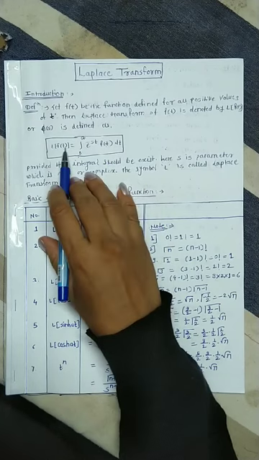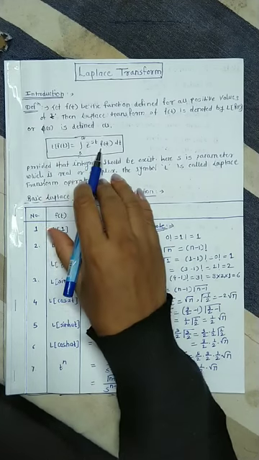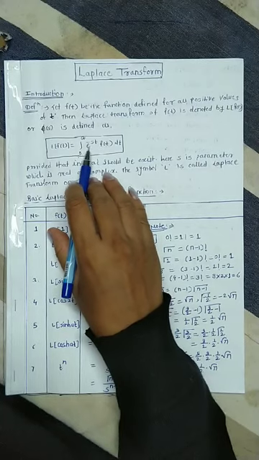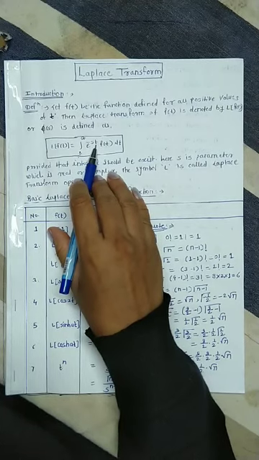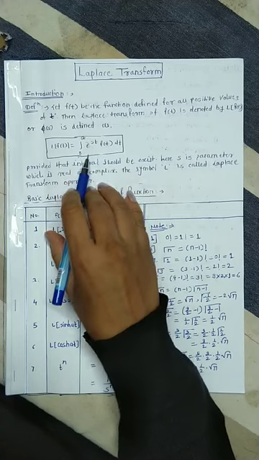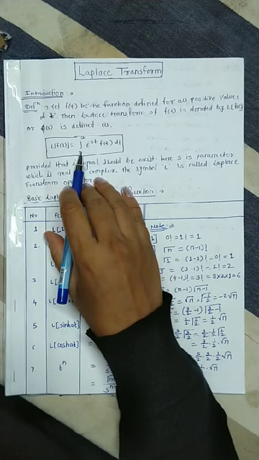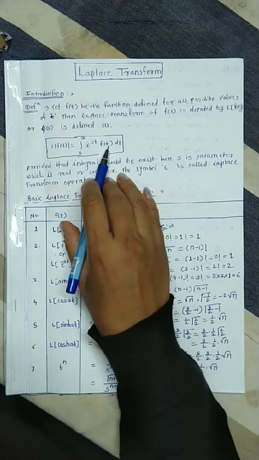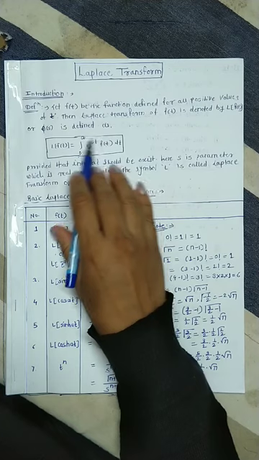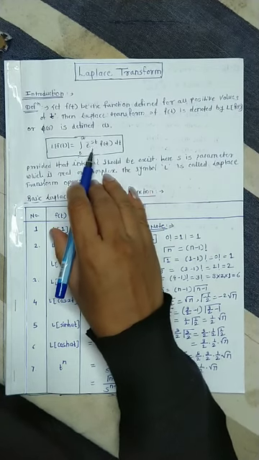Whatever the function is, we have to take the integration along with this, multiplied by e raised to minus st. If we solve this integration and, after solving, put the upper and lower limits in t, the ultimate answer for this integration comes in the form of s.